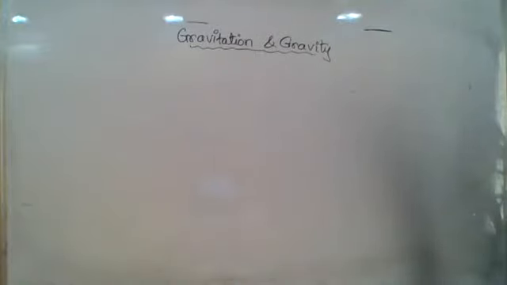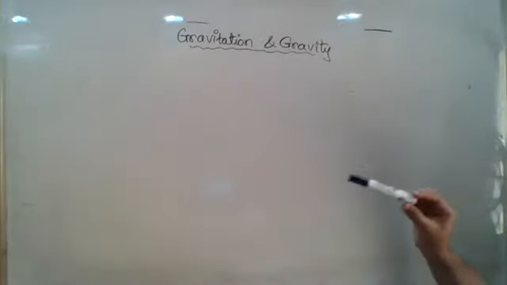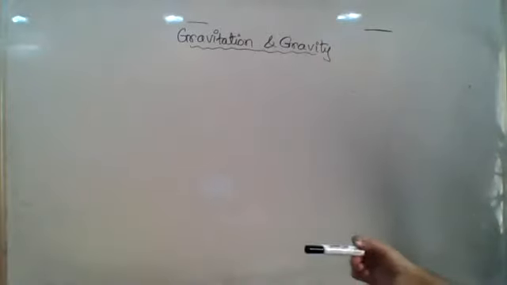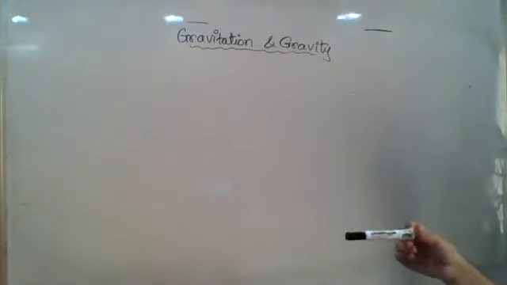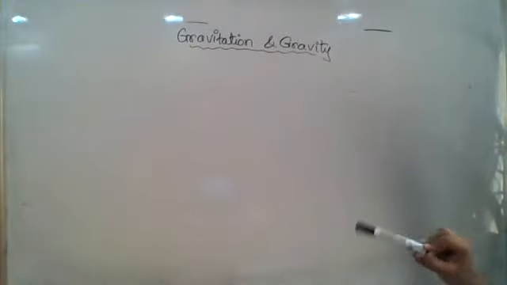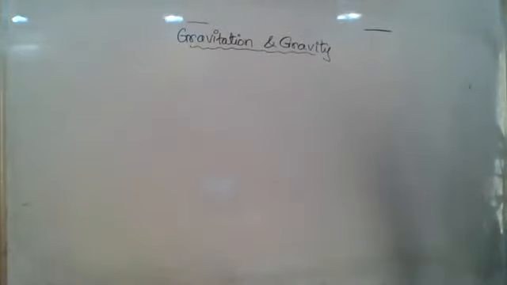Yes. Okay. Let me repeat the explanation. We know that whenever a force is applied on a body, there will be some acceleration. Now in this case, the force is gravity. So we are saying due to gravity, the acceleration that will be created is acceleration due to gravity.